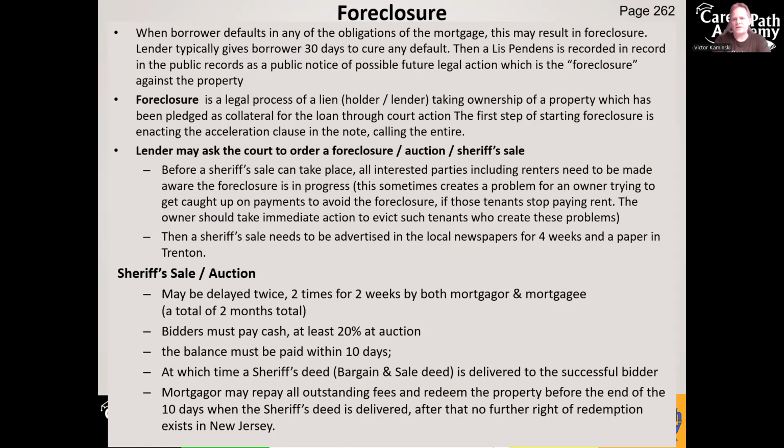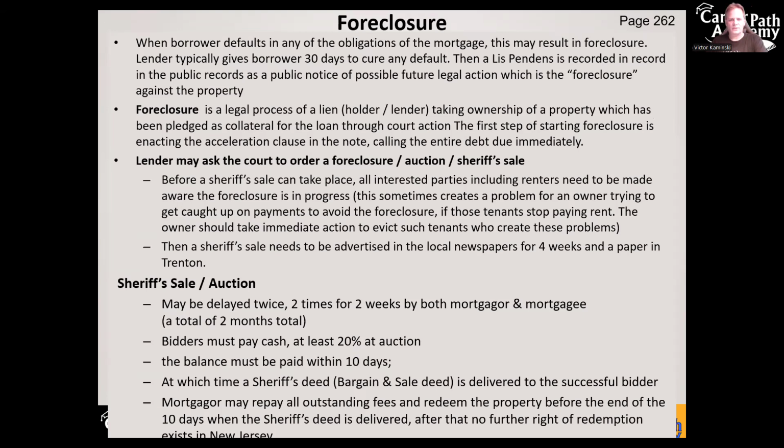Calling the entire debt due immediately. There we go. Again, I've got to go back and place that in my notes.